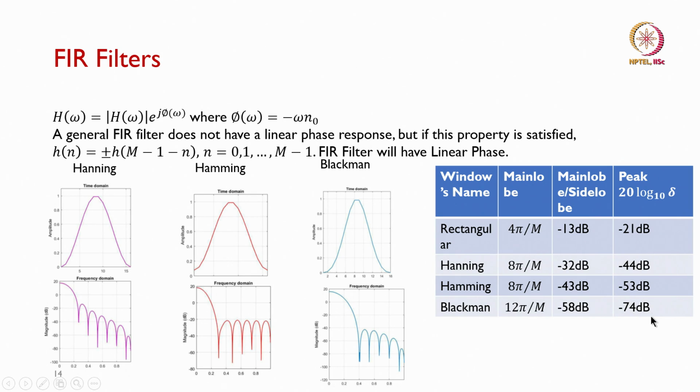And then we said that the main lobe is going to be the smallest for the rectangular window, then Blackman has the next lowest, and it will be the same for both Hanning and Hamming.